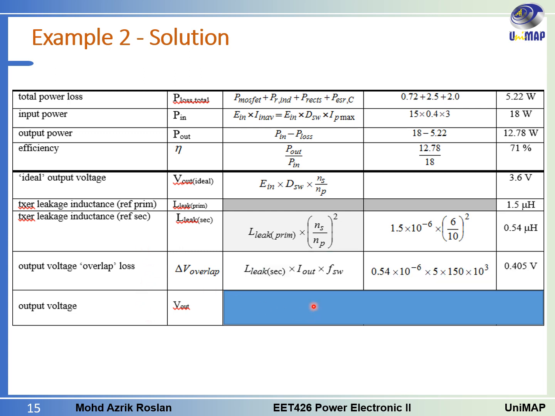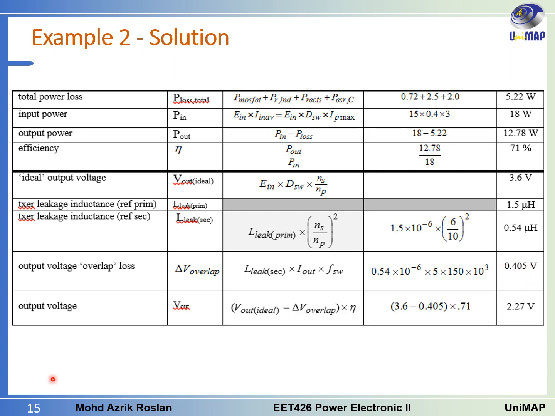And then you can find the delta V overlap, the voltage drop due to the overlap. From this equation, the L leak secondary multiplied by I out multiplied by F switch, you will find that the output voltage overlap, or delta V overlap, is 0.405.